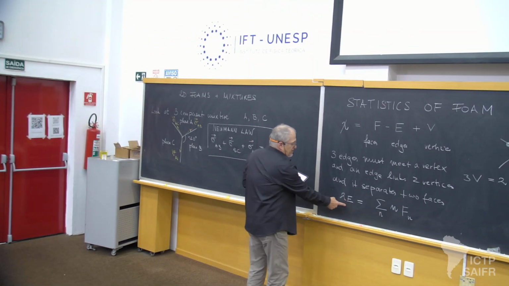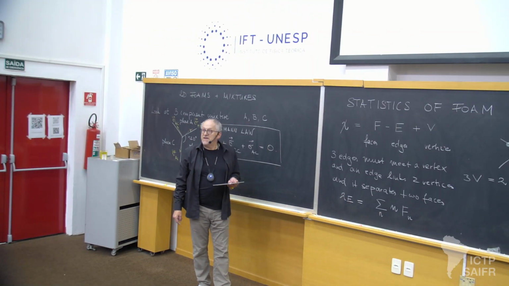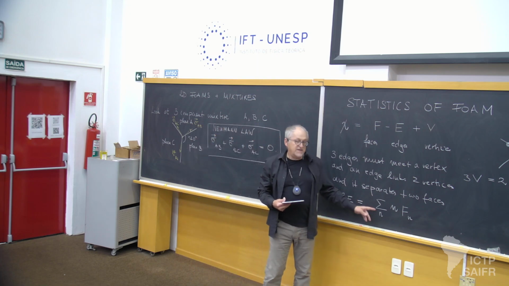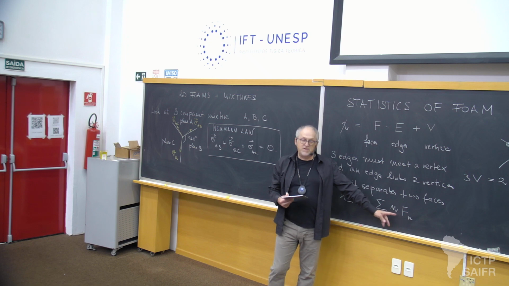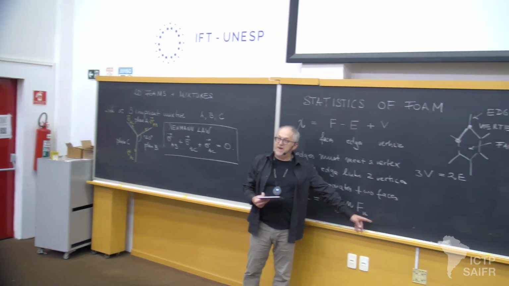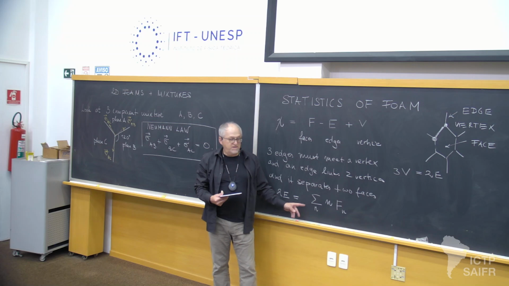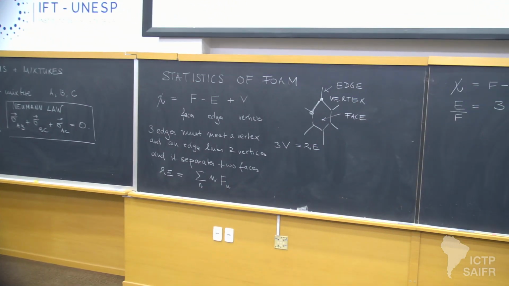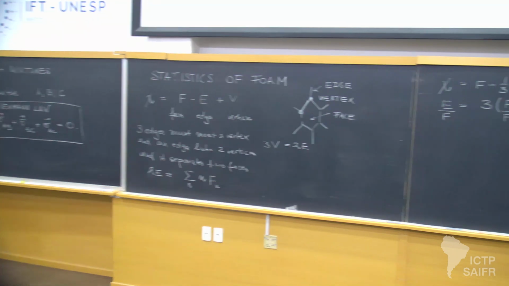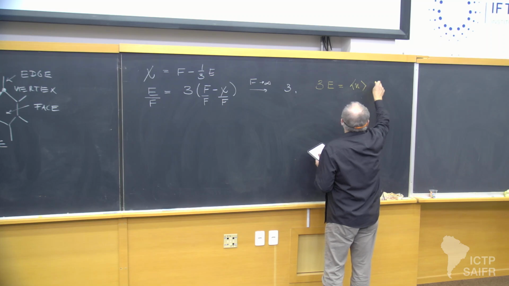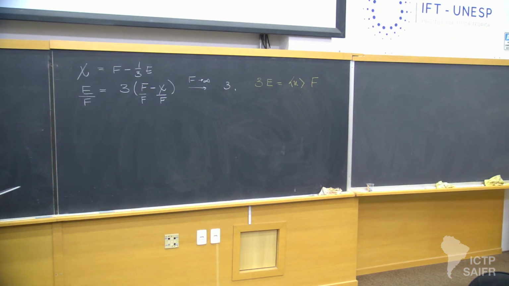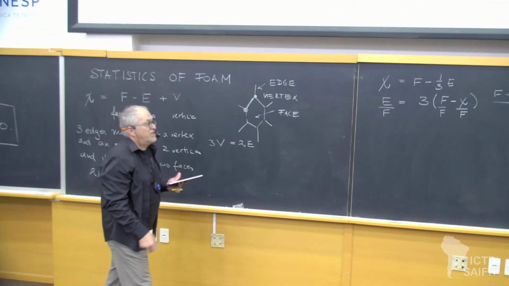Now let's take the last relation that we have here and take the average over all that you have. So this here on the right-hand side is almost the average. If you multiply and divide by f, you get the average of n times f. So with the third relation, we then get 2 times e is the average number of edges that you have in a bubble times the number of faces.